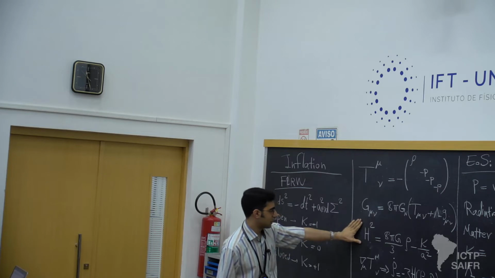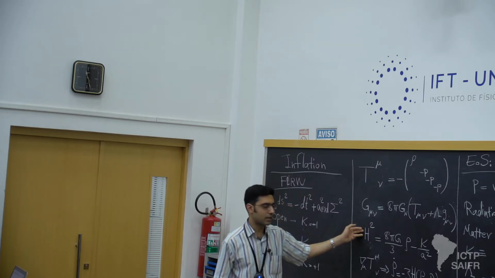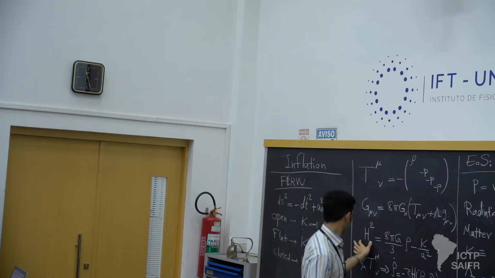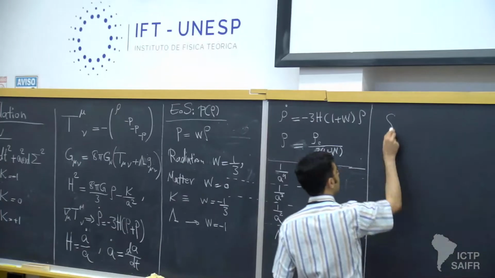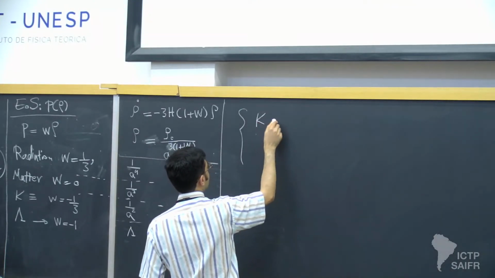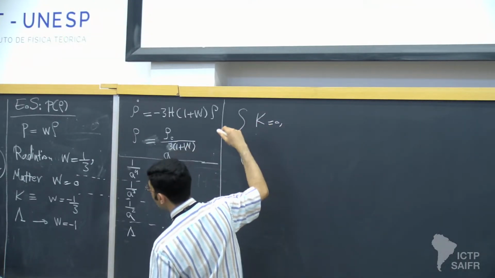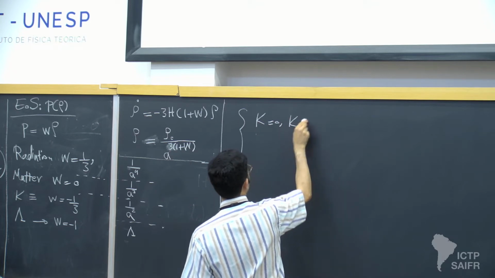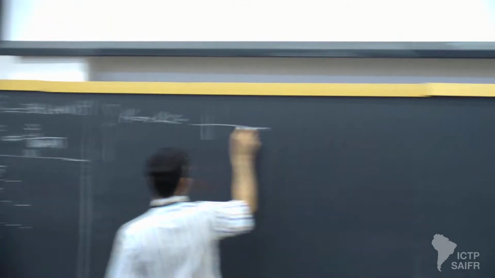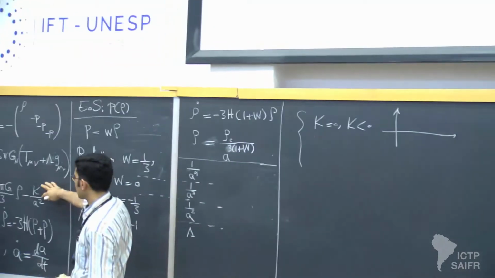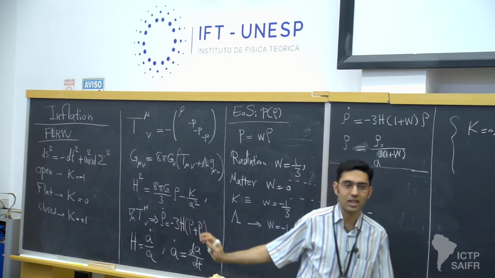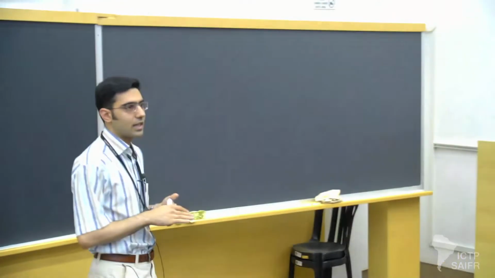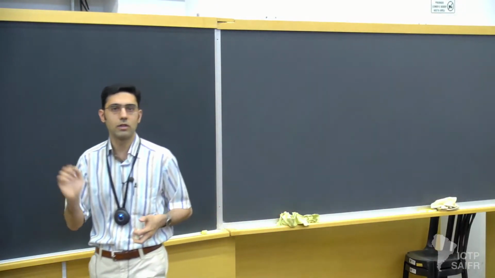How can we see it? For instance, let's look at this equation. H was a dot over a, so H squared is equal to rho. For instance, if I consider k equals 0 or negative, what this equation tells me is that if we assume that energy density is positive, which seems like a reasonable assumption to make, then H squared is given by something positive.